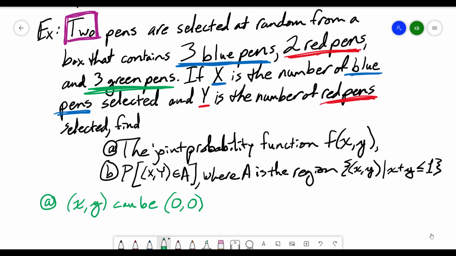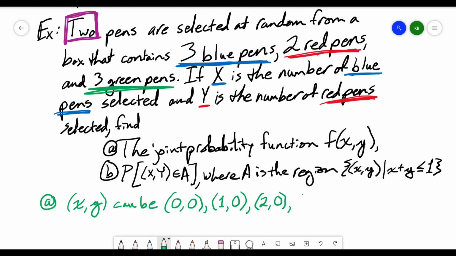But if I add x and y together, I need to have no more than 2 pens. The green pens can always make up the extra, so I can have less than 2 pens. So I can have 0, 0. I could have 1 blue pen and no red pens. I could have 2 blue pens and no red pens.